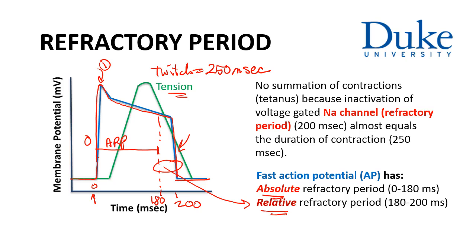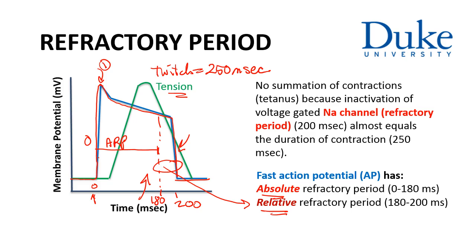And so most of the time that the twitch is occurring, we are in an absolute refractory period, so that we cannot stimulate the cell and get a second twitch to occur. And that means that there is no summation of contractile events. So we can't summate the contractions as we could with skeletal muscle.